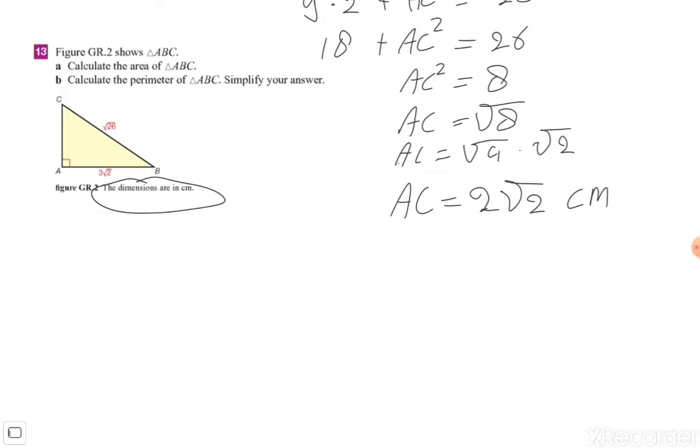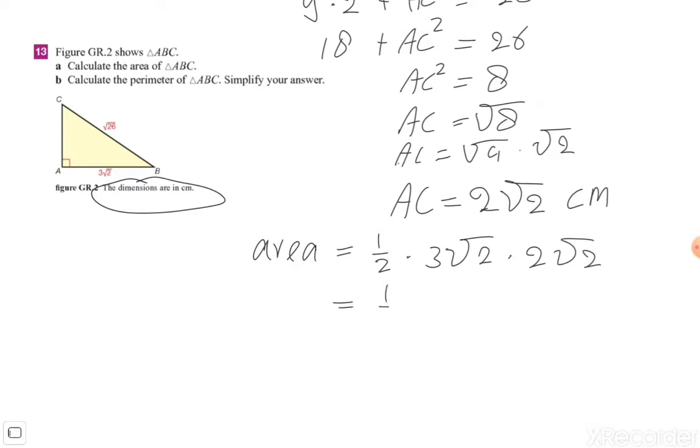But that wasn't the question, because the question is to calculate the area. So the area of that triangle is a half times the base, so 3 square root 2 times 2 square root of 2.